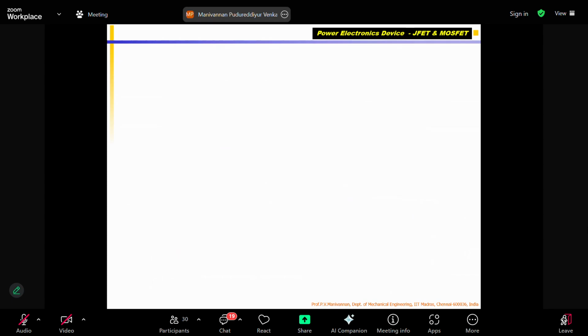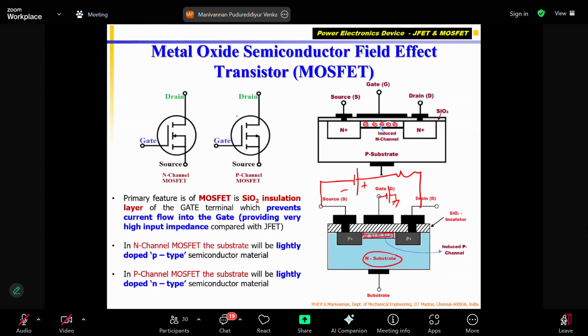Now, before going further, my MOSFET is shown in the previous page. For example, this is the N channel MOSFET. The symbol is this. This is the P channel MOSFET.